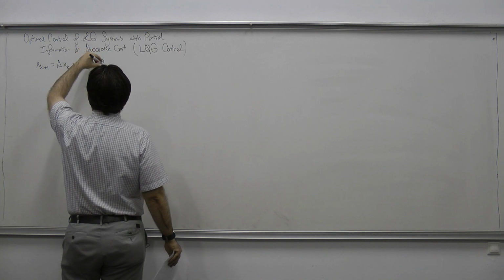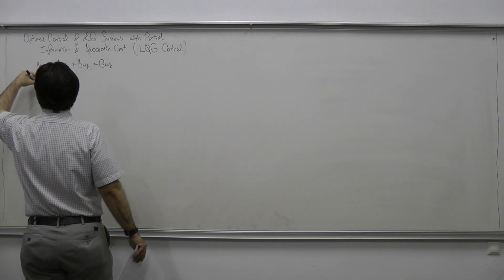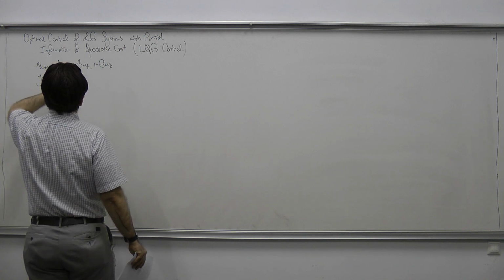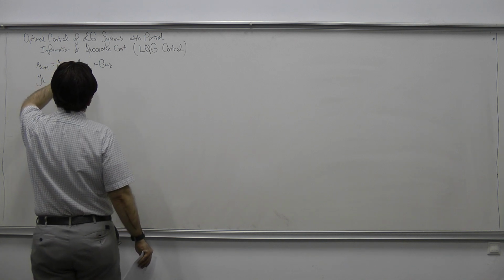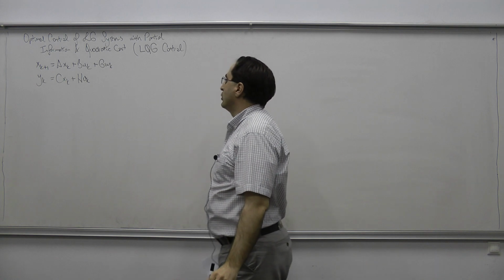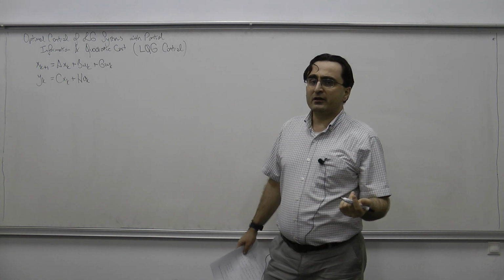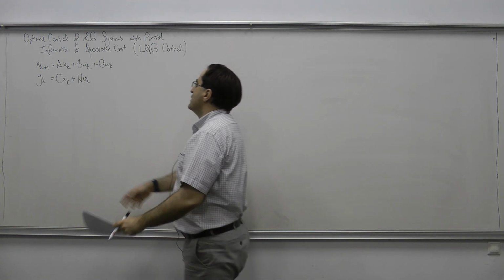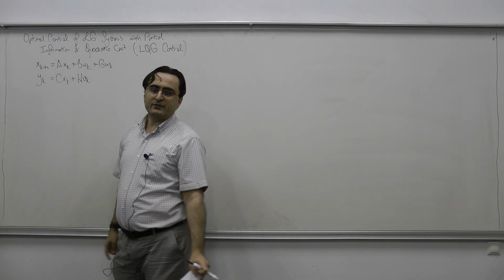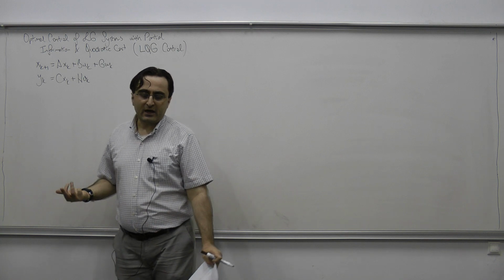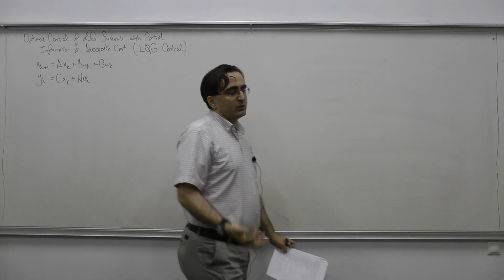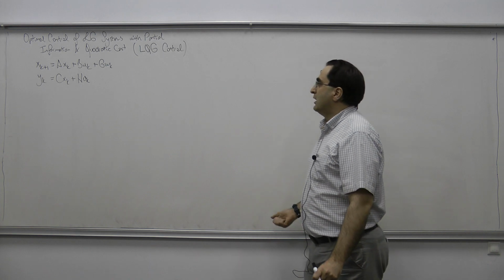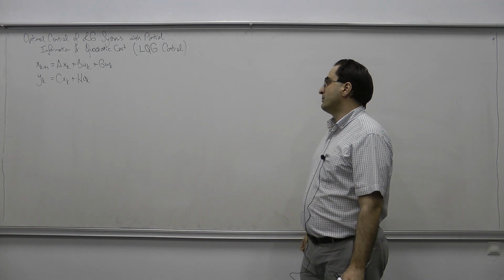I have this GWK, and yk is equal to Cxk plus HVk with the measurement noise. In the earlier case of the optimal control for such a system, we had yk equal to xk. That means that the outputs are exactly equal to the states, so we can observe the state perfectly. And that is the case of complete information.